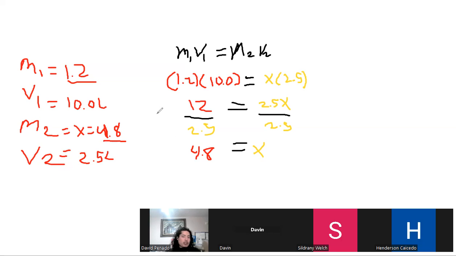This is not molarity, this is dilution. How do you know it's dilution? Just by looking at the question. They ask for M1, not M2. It doesn't matter if you do it the other way. This side equals this side when you put M1, V1, M2, V2.